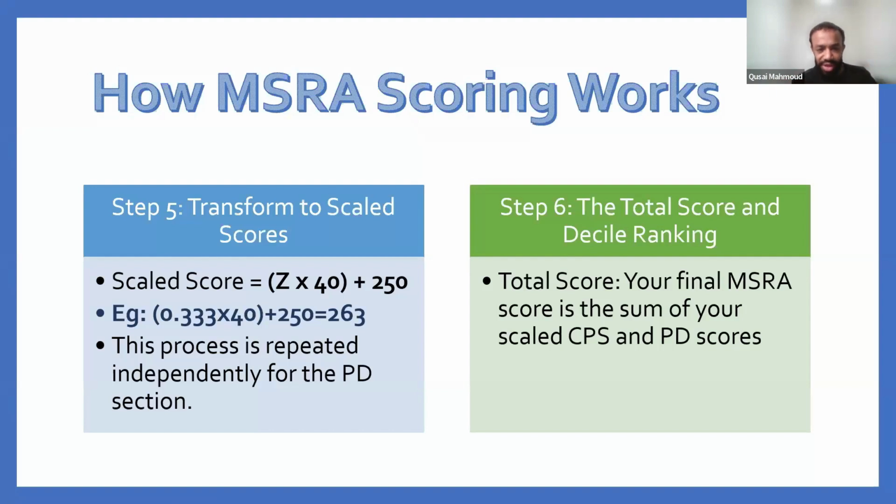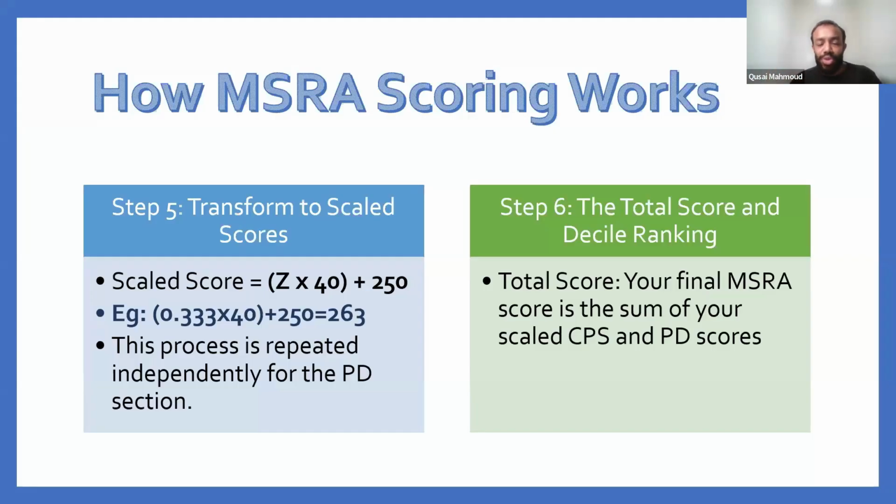So I multiply that 1/3 by 40, the new standard deviation, and add the 250. So 1/3 times 40 plus 250. So your actual score would be 263. What does that mean? That means I'm 1/3 standard deviation above the average.